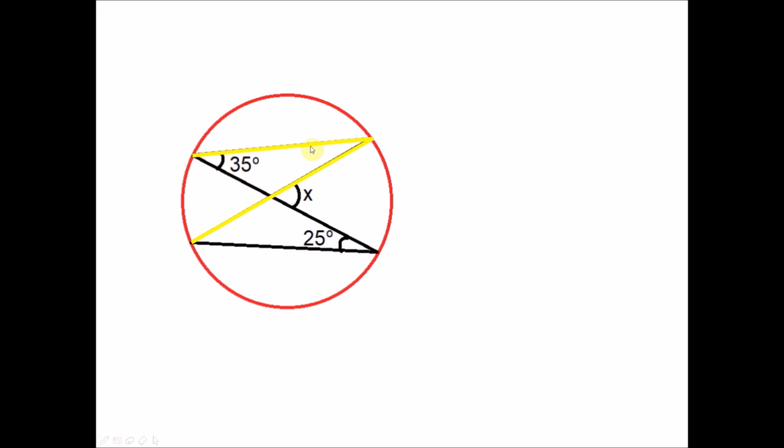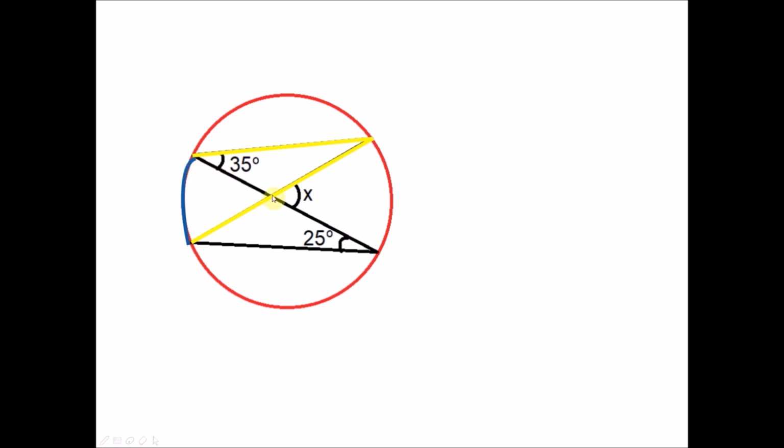The yellow line and the black line form angles here and here, which are angles at the circumference of the circle subtended by the same arc, the blue arc.